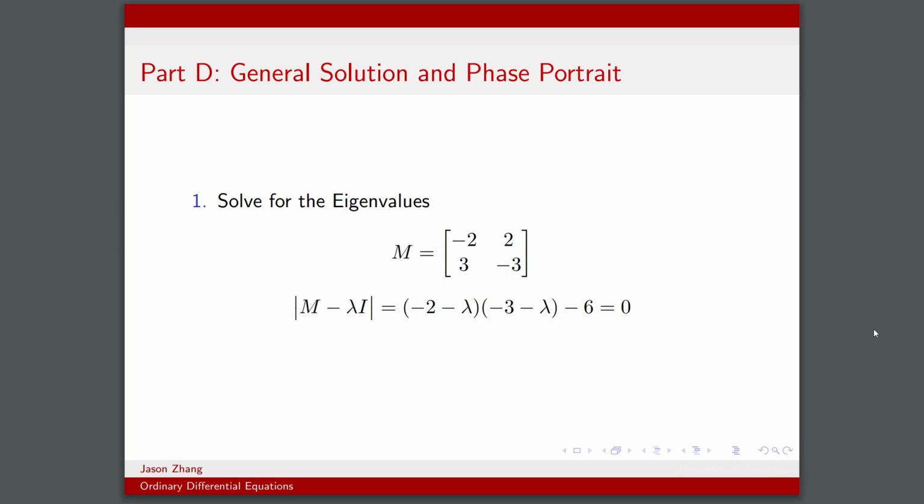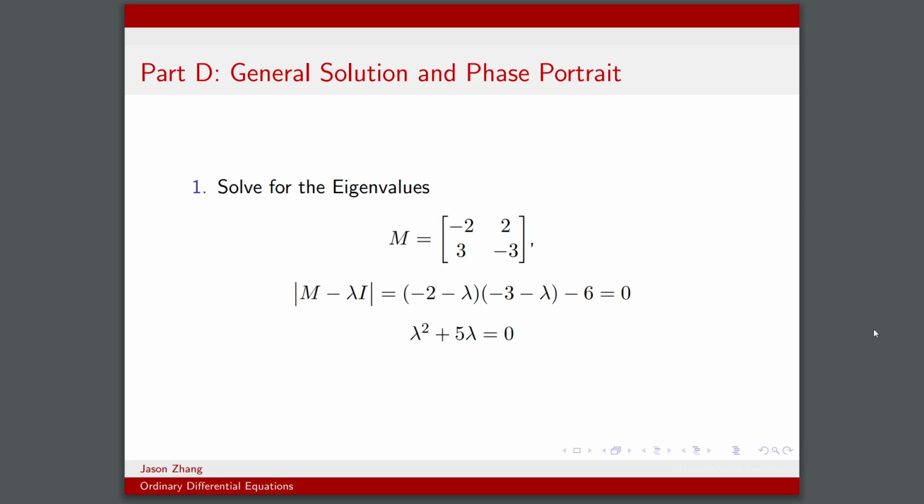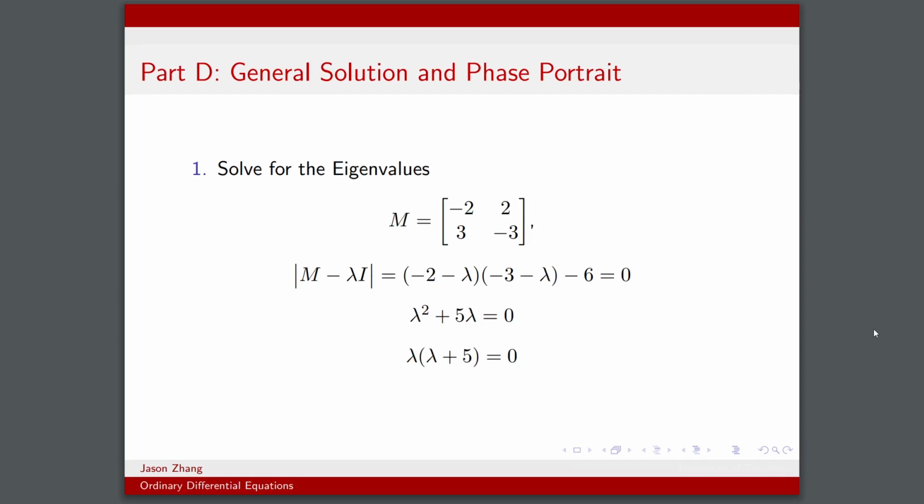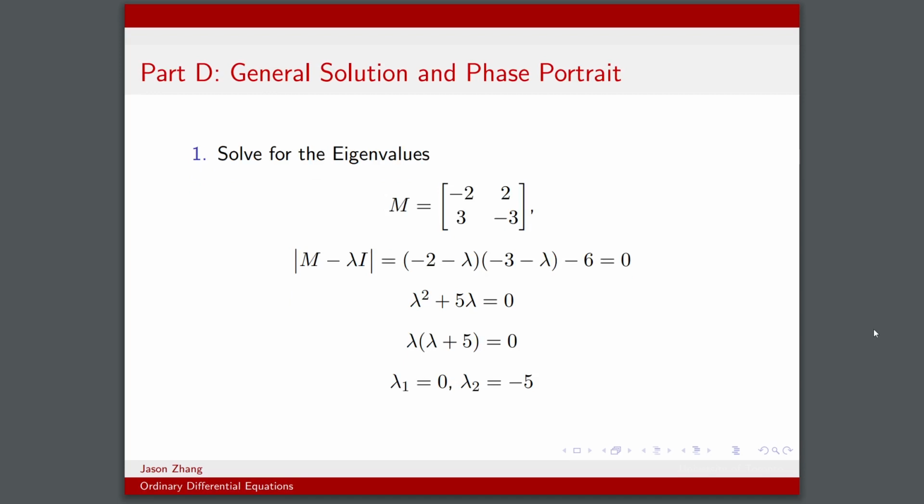So the determinant is equal to this expression, and we set that equal to 0. So we get lambda squared plus 5 lambda is equal to 0. Solving this, we get two possible eigenvalues, 0 and minus 5.